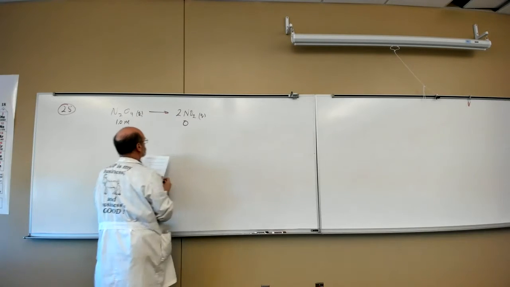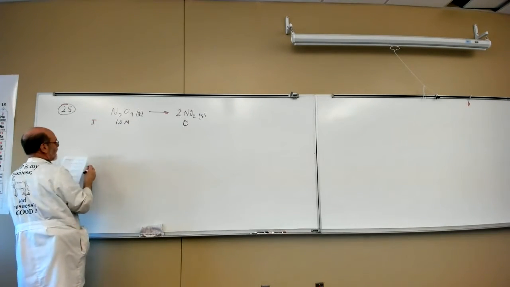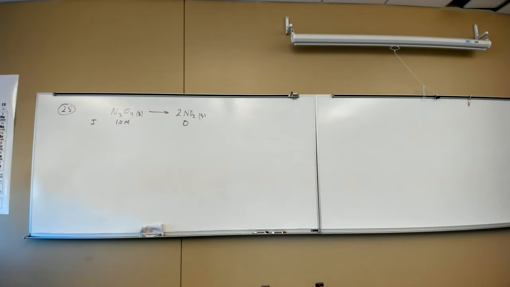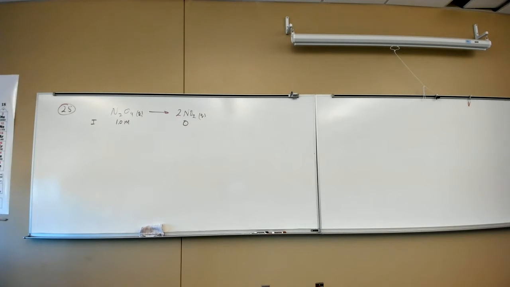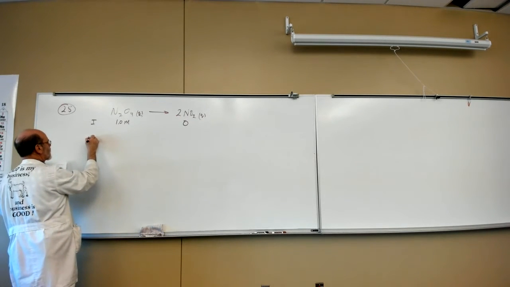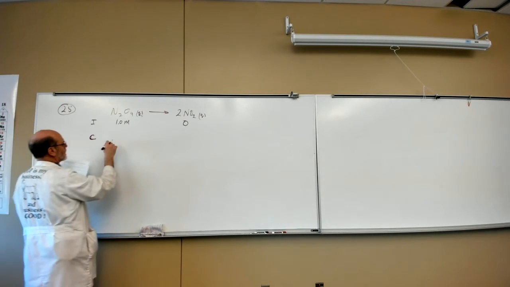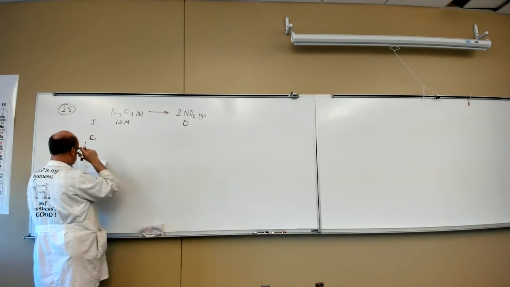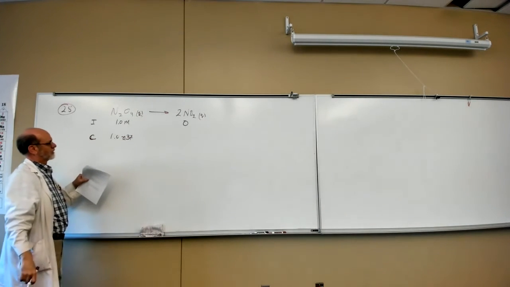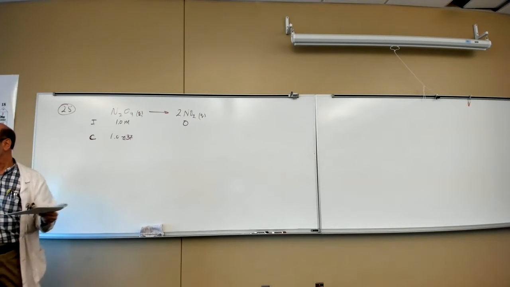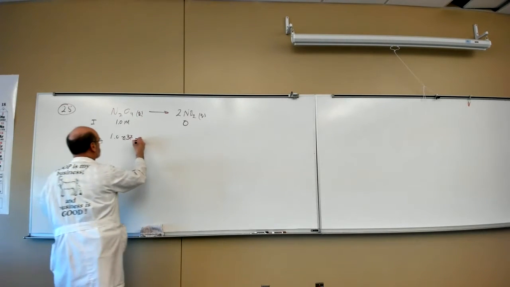So starting off there like that. At equilibrium, N2O4 is 37% dissociated. Okay, so the change is going to be 1 minus 0.37. 37% of 1 is 0.37, right?